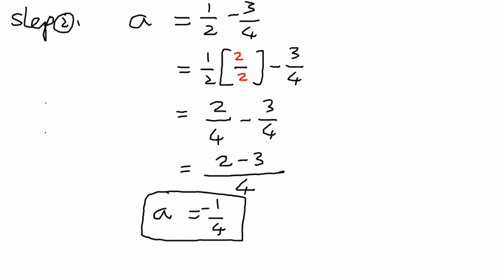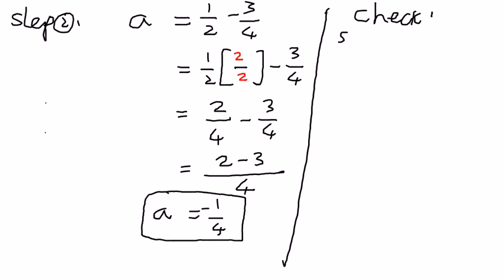And we can also go back and check our work. I'm going to write that part here. We want to go back and check our work, and we'll call this step number 3. We're going to take the given equation, a plus 3 over 4 is equal to 1/2, and we want to check our work when a is equal to negative 1 over 4.